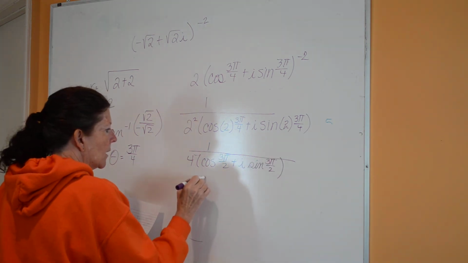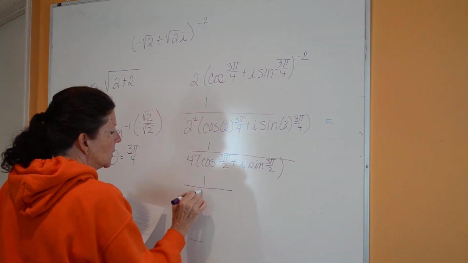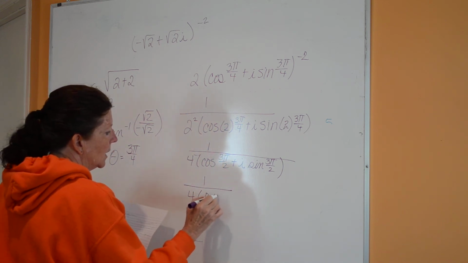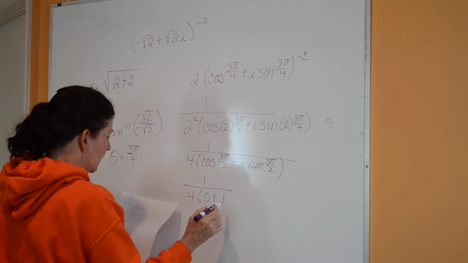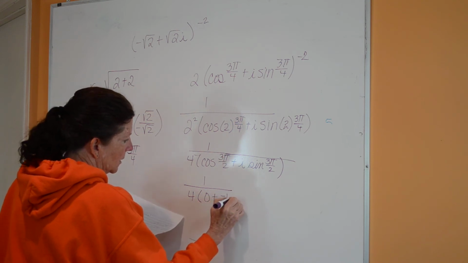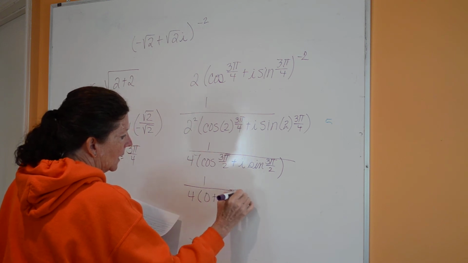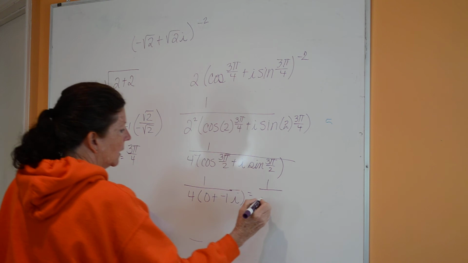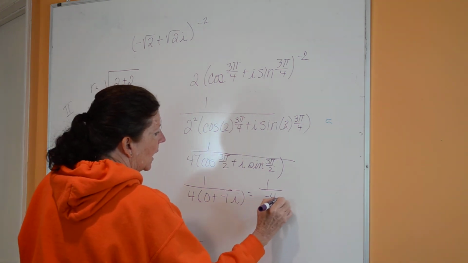When I do this out, I still have 1 over 4 times the cosine at 3 pi over 2, which is 0. The sine at 3 pi over 2 is negative 1, so that's negative 1 times i. So basically I have 1 over, if you will, negative 4i.